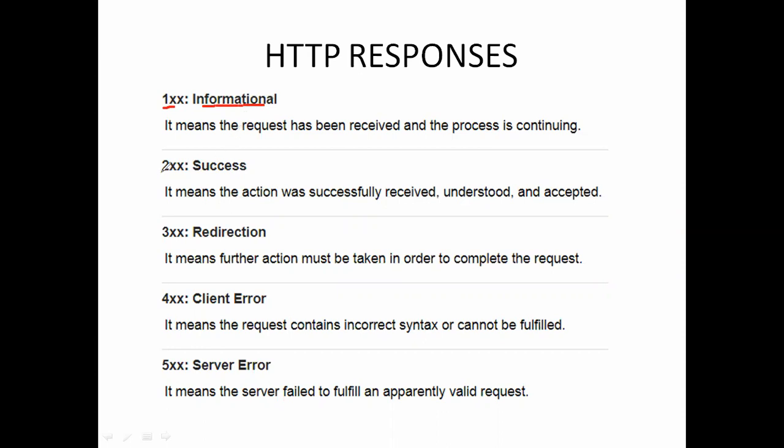If the status code starts with 2, it is successful. The action was successfully completed, understood and accepted. If the status code starts with 3, it means redirection. What it means is further action must be taken in order to complete the request.